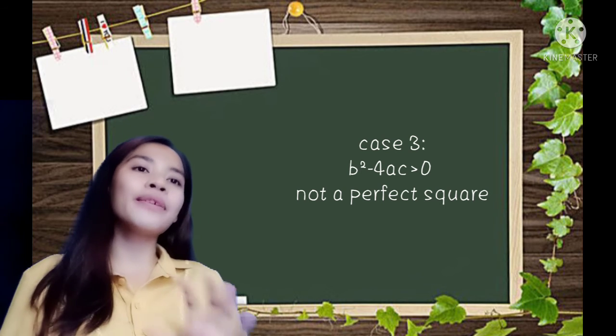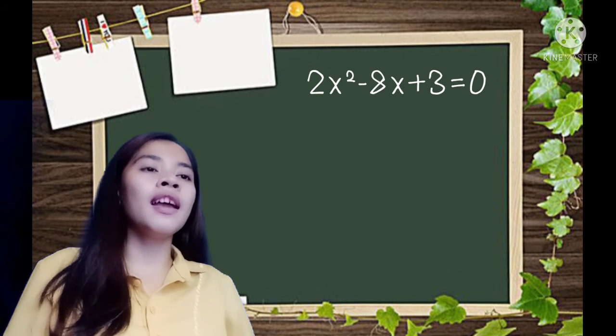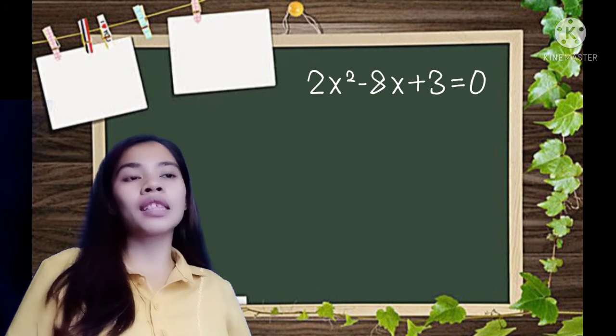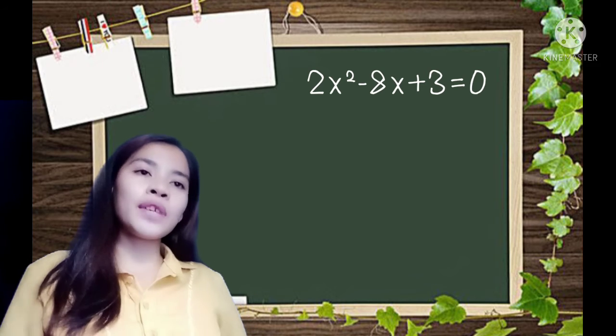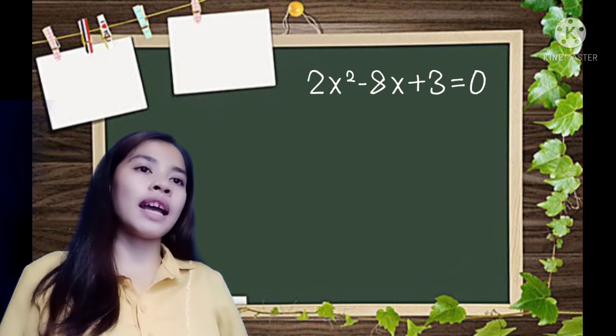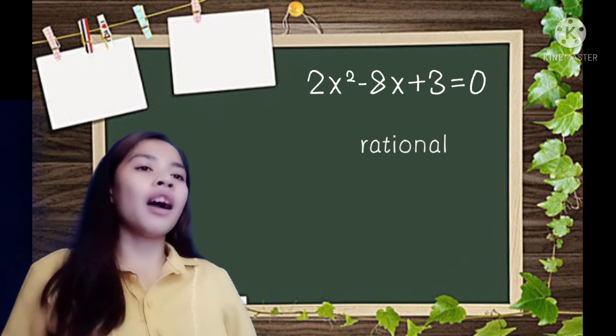Example number 5. Describe the nature of the roots of the quadratic equation 2x squared minus 8x plus 3 equals 0. The solution: the coefficients of the equation 2x squared minus 8x plus 3 equals 0 are rational.